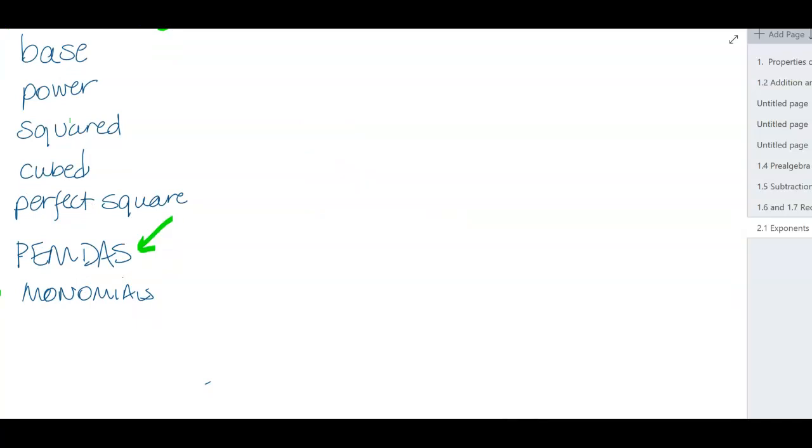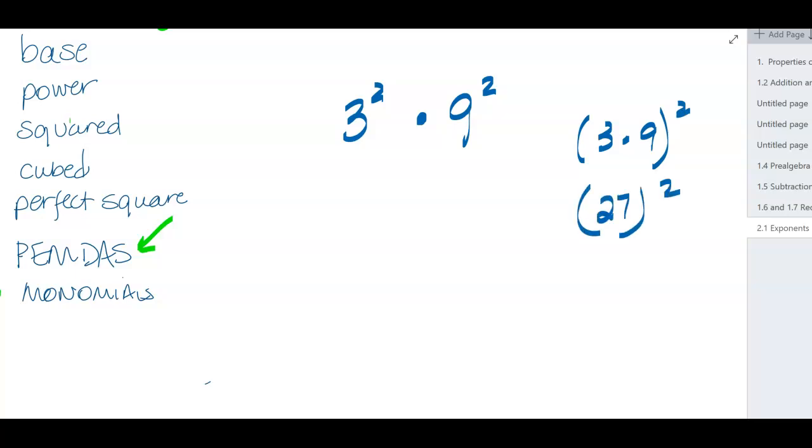And something else to add to your notes: if you have two quantities, like let's say 3 squared times 9 squared, and you are multiplying, not adding, you can, if you want to, take 3 times 9 and square it. 3 times 9 is, of course, 27, and 27 squared, I don't know off the top of my head.